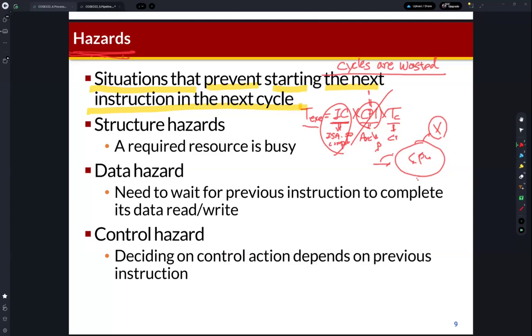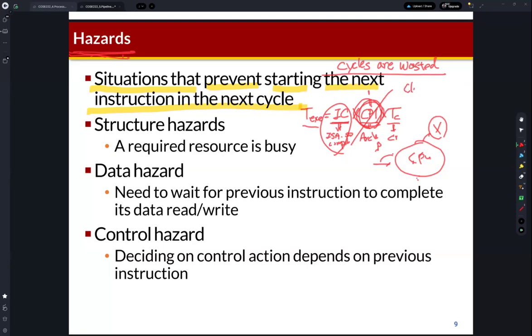We can calculate the clock cycles for executing an instruction, and in some situations the clock cycles can be wasted. You can call this situation a hazard. Why are hazards critical for the performance of a CPU design? Because of CPI. What's the definition of CPI?